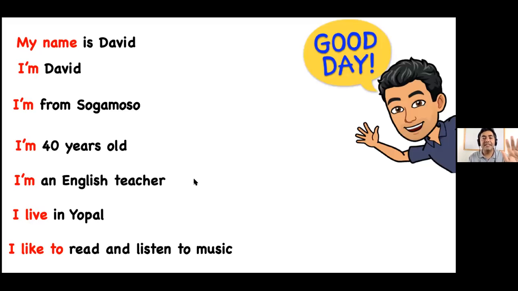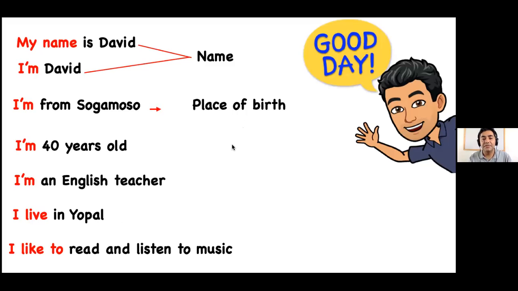Now let's see the uses. See? So we learned that my name is David or I'm David. We use it for name. I'm from Sogamoso is for place of birth. See?